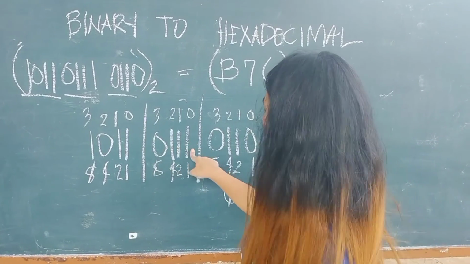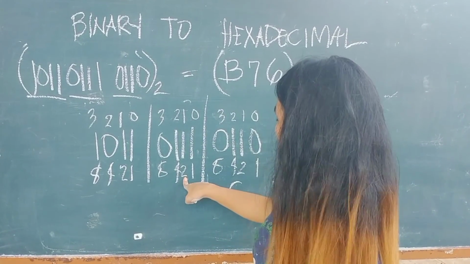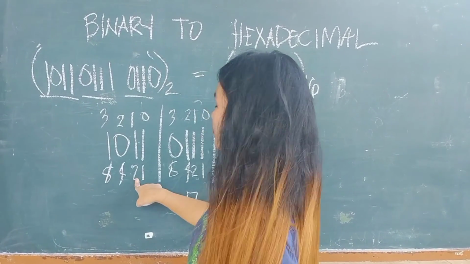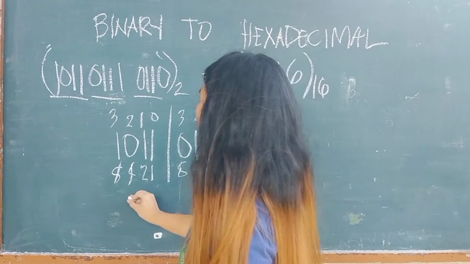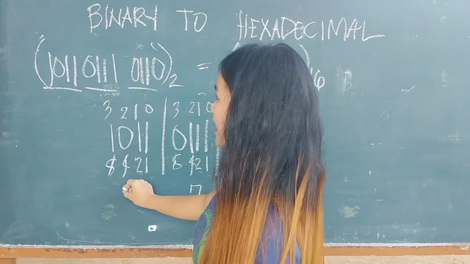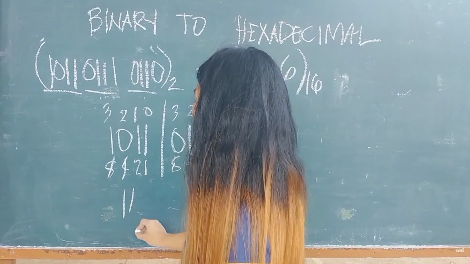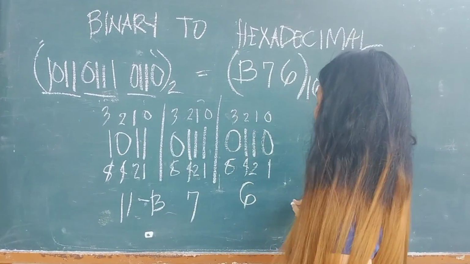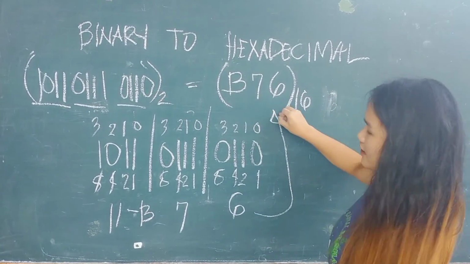Then, 1, 1, 1: 1 plus 2 is 3, plus 4 is 7. And here, 1 plus 2 is 3, plus 8 is 11. The equivalent of 11 is B. So, therefore, the answer is B76. That's it.